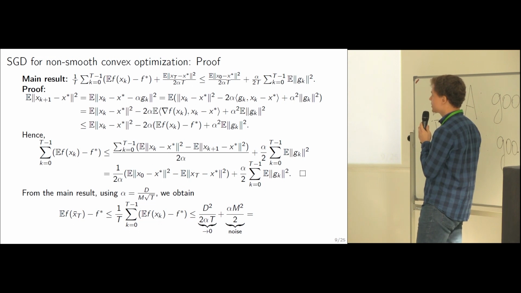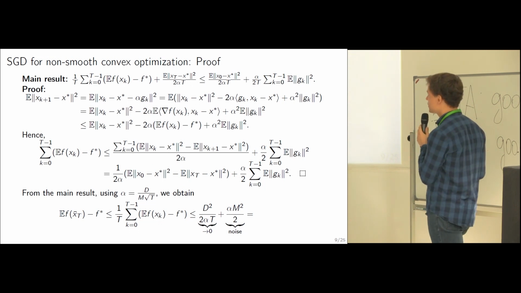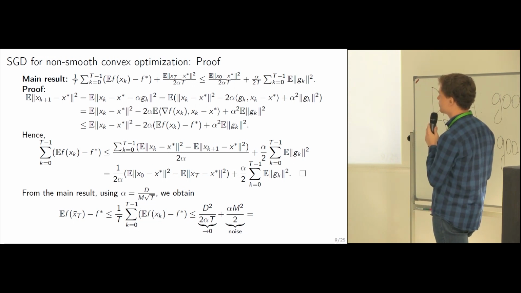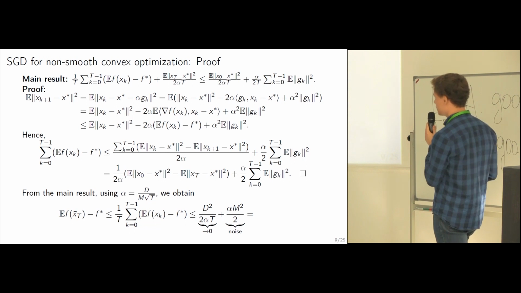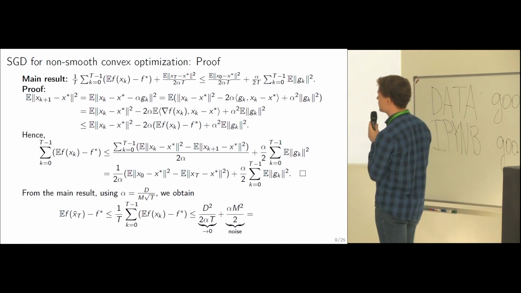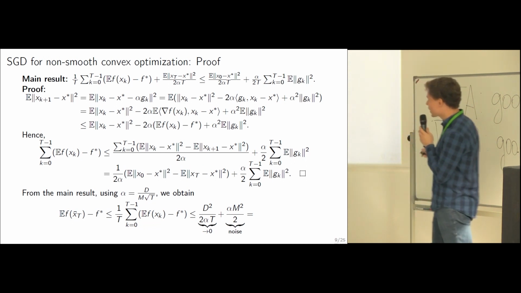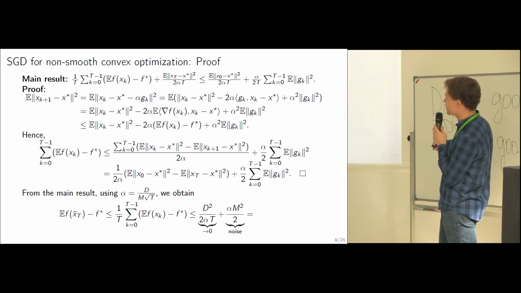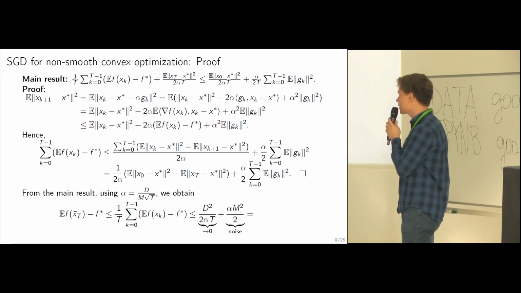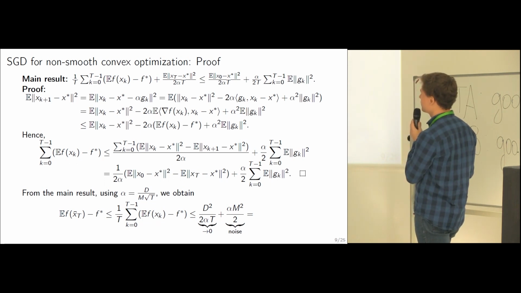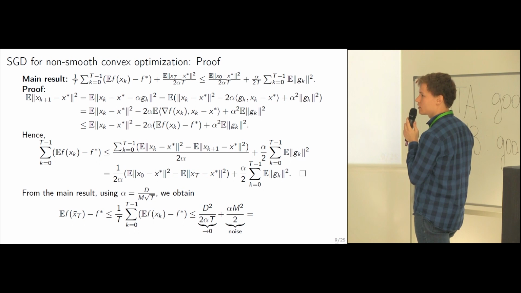And from this we see that in order to ensure the best convergence of our method, we need to choose the step size appropriately. And a good way to do this, if we know this, would be to set alpha to some value which minimizes these two expressions. When we have something divided by alpha plus something linear in alpha, it is clear that the best alpha will be the one that balances these two terms.